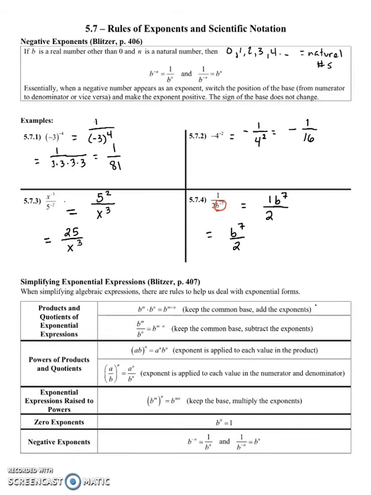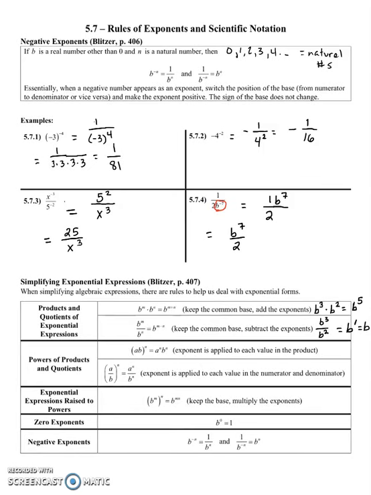So for example, b cubed times b squared equals b to the 3 plus 2, which is 5. Okay, when we're dividing, it's similar, except instead of adding the exponents, we subtract the exponents. So if we had b cubed over b squared, that equals b to the first power, or just b.